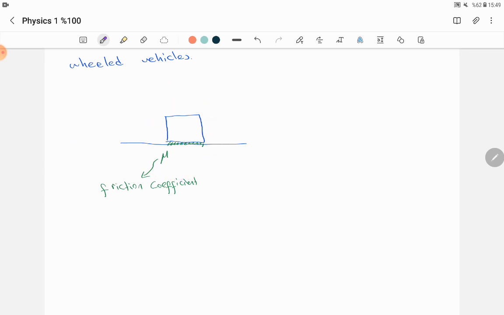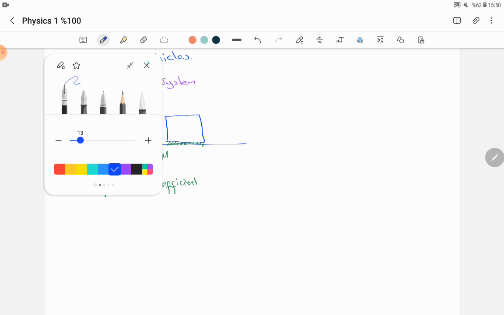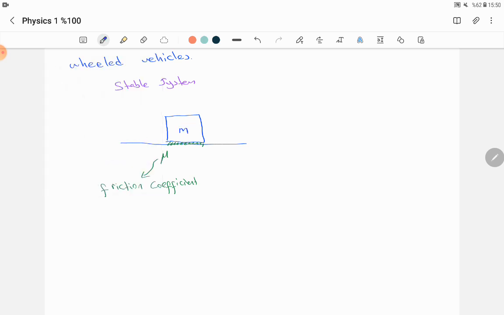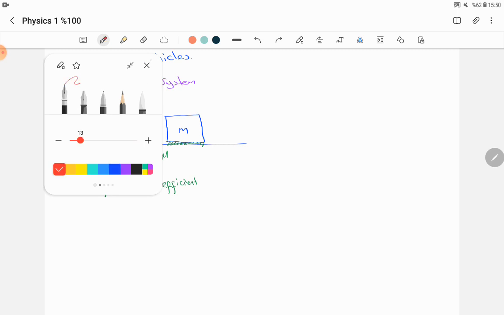In here, this mass is not moving, it is a stable system. This mass value is, for example, m, and gravitational acceleration also applies, giving the gravitational force.